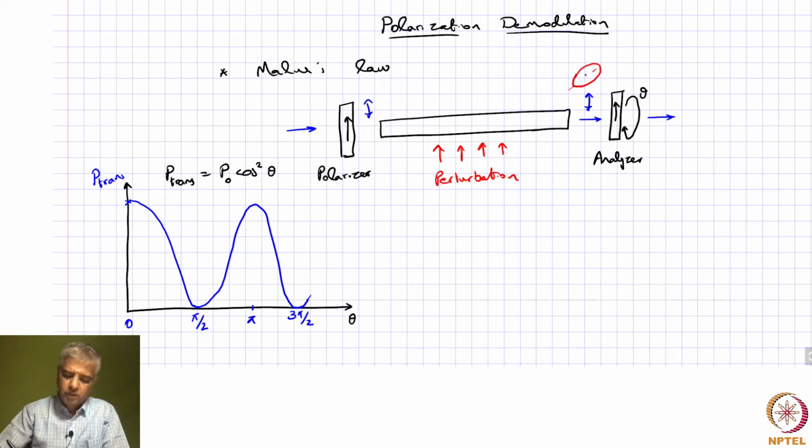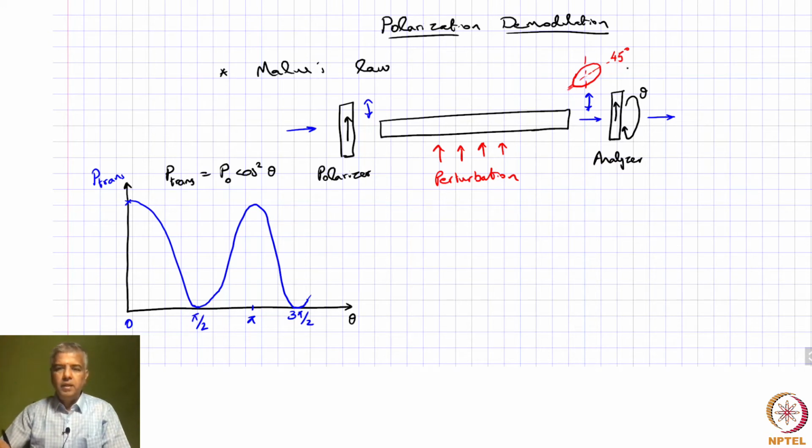So the polarization axis is changed, and the perturbation has also introduced some birefringence in this medium, so it introduces a phase shift between the two orthogonal components. So then you have an elliptical polarization, and let's say this is at 45 degrees.